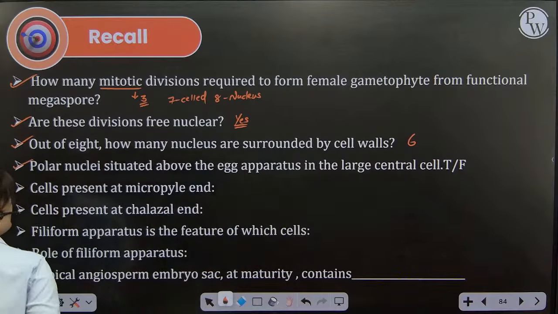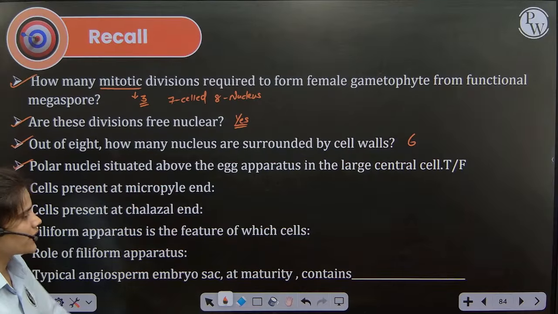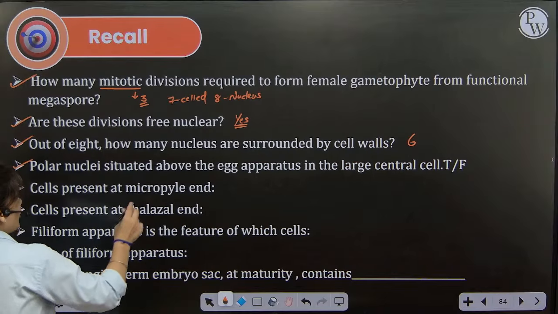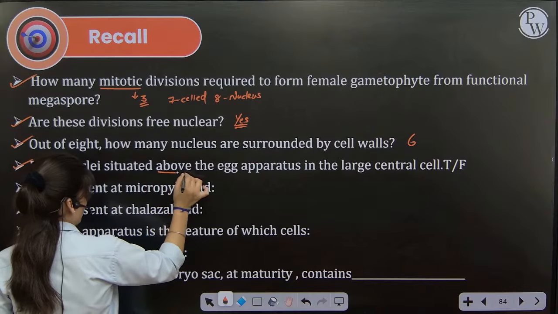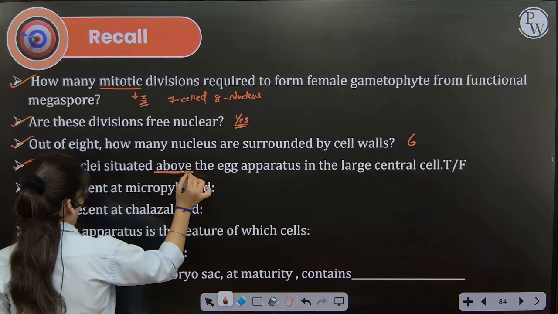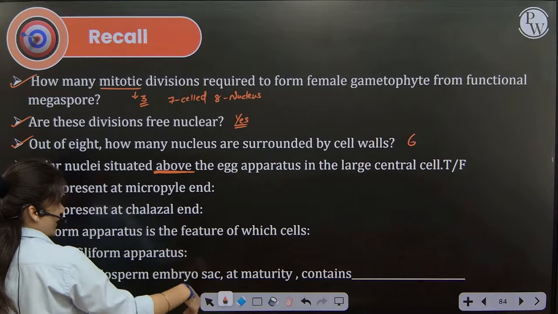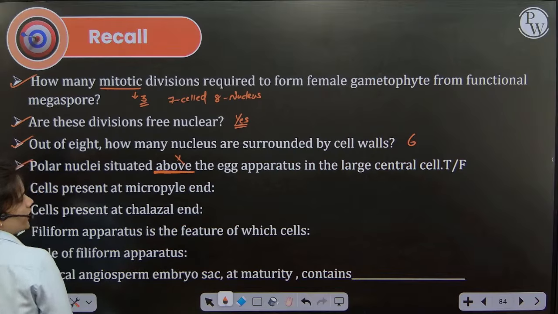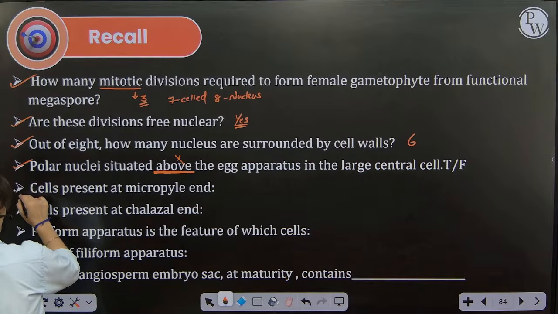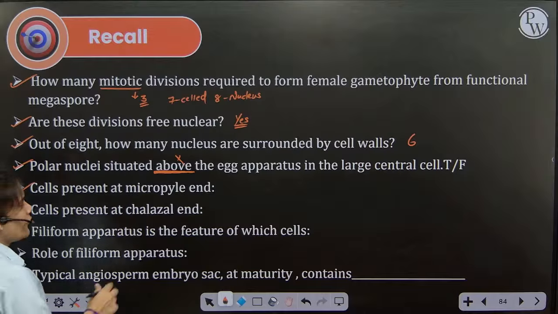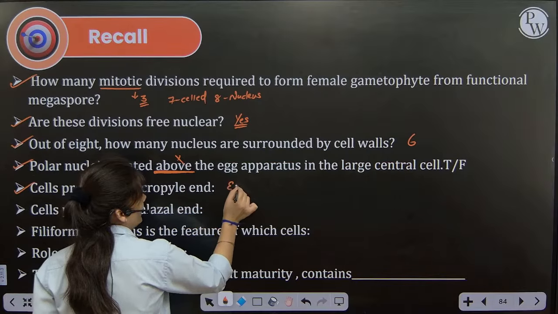Polar nuclei are situated above the egg apparatus in the large central cell. Is this statement true or false? Polar nuclei are present above or below? If chalazal is the base, that means below the egg apparatus. Cells present at micropylar end form the egg apparatus.